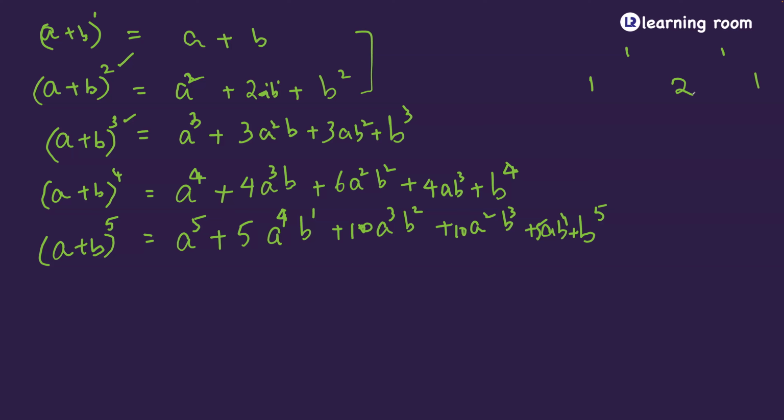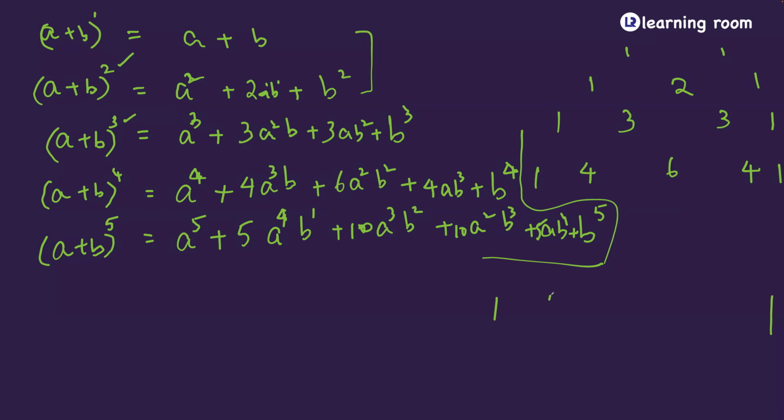Okay, fine. So I will write 1 here and 1 here. I'll write 3 here and 3 here. Makes sense? In a similar way, for this, 1 here and 1 here, right? So 4, 6, 4. Again, for power 5, I'll write 1 and 1 here.